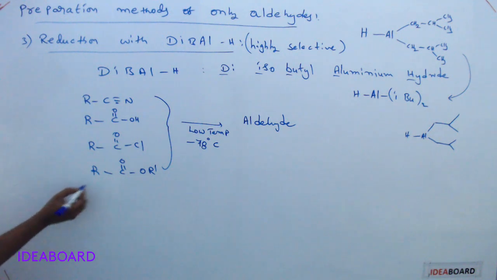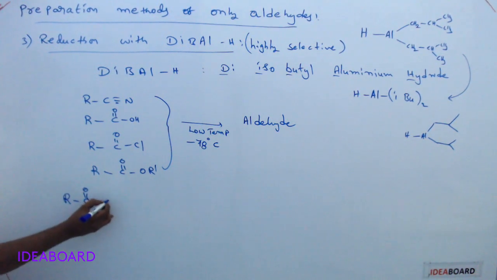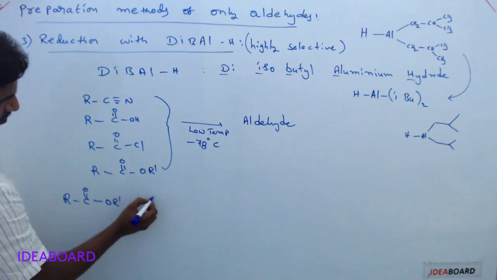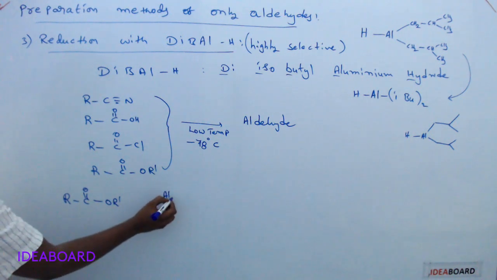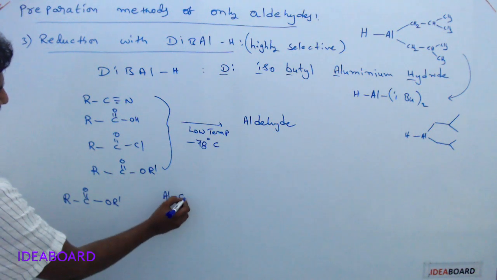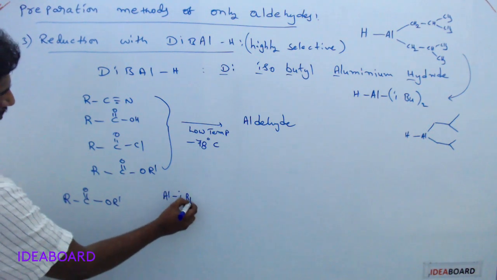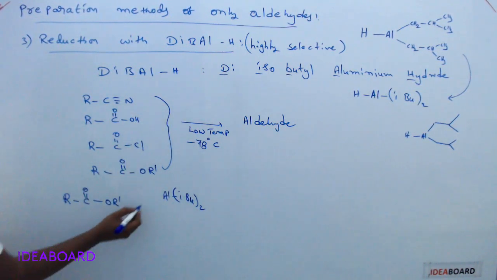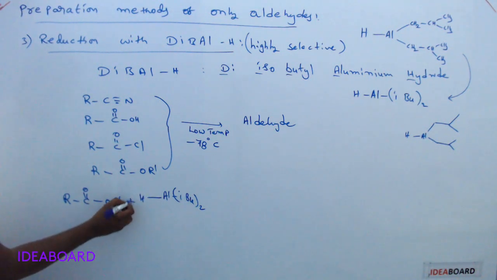Suppose we are taking esters, RCOOR', reacting with DIBAL-H, which is aluminum with the isobutyl group written as IBU twice and a hydrogen. How does this act as a reducing agent?